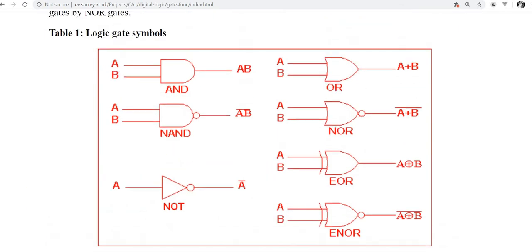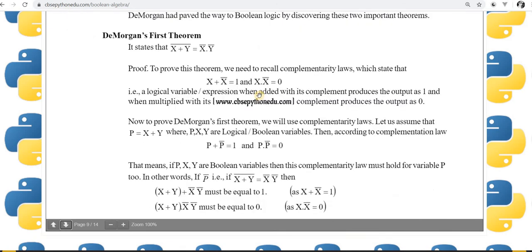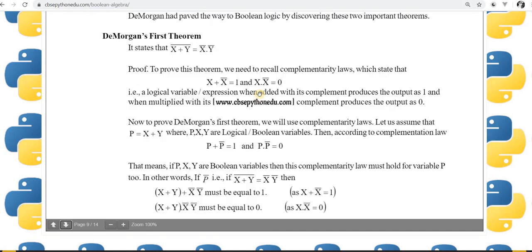Okay, so let's go back to our main section. Now De Morgan's theorem. There are two theorems. First one is x plus y whole bar equals x bar into y bar. That is the first law, De Morgan's first law.